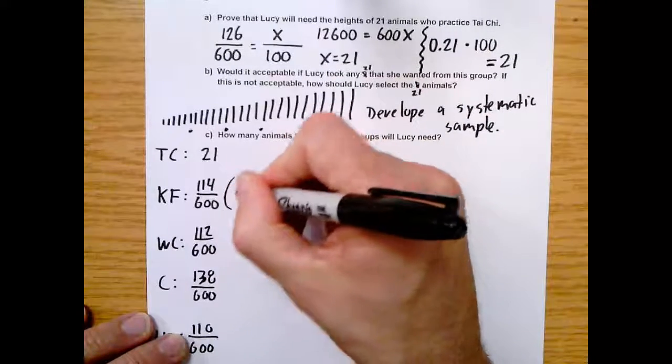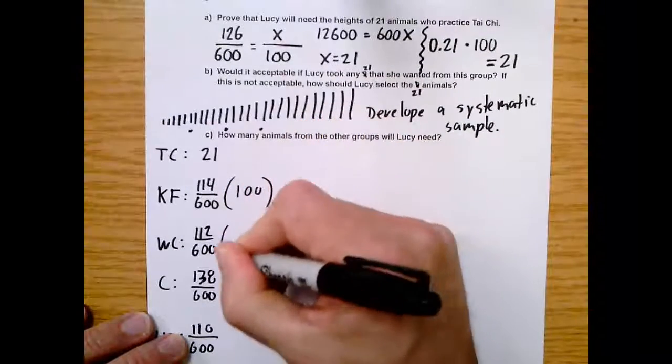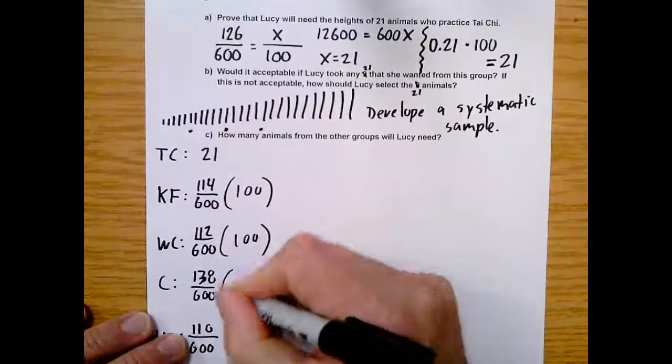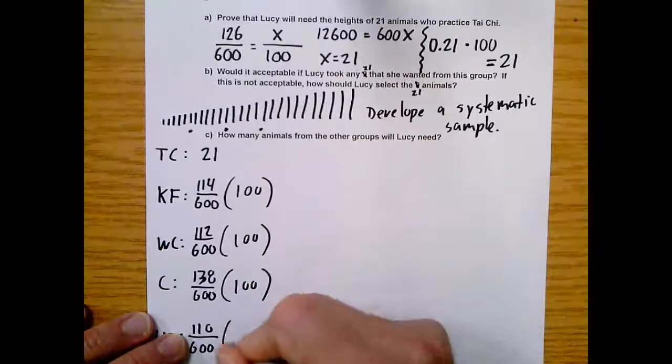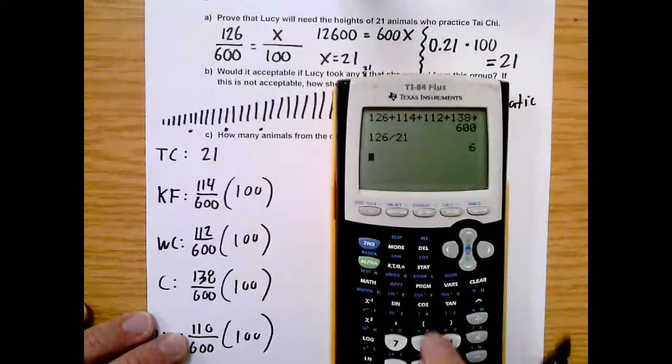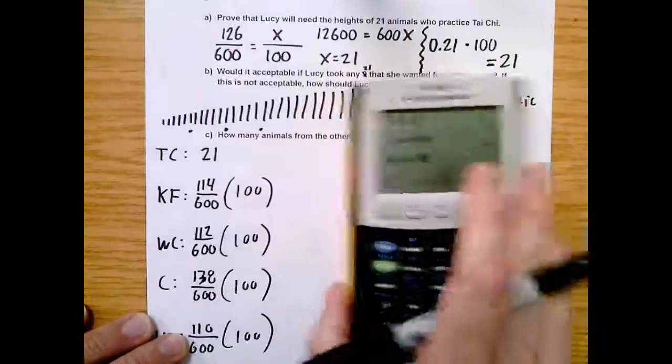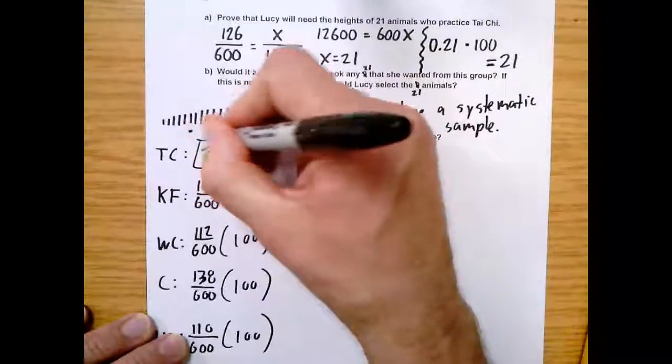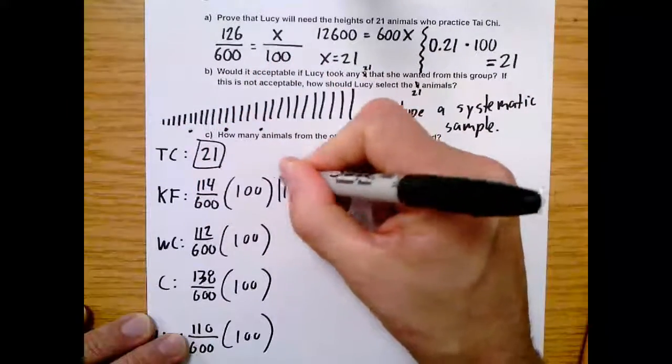Okay, so following the same process, we're basically going to take this and multiply it by 100. I'll just do this for all of them because it's the same process. So here we go. You can do 114 divided by 600, hit enter if you want to do it this way, times 100, obviously that's going to be 19. So you know that this group is 19.